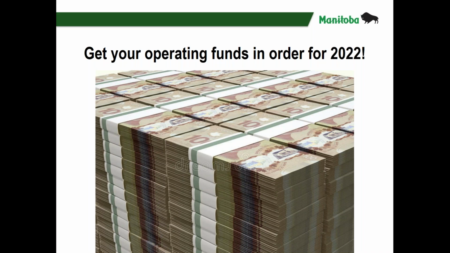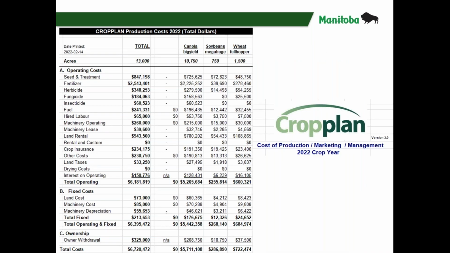And if you did your costs of production at today's fertilizer prices, you would know how many acres of canola that $2.25 million would do, and it is 10,750 acres of canola at our revised COP fertilizer cost of $209 an acre for fertilizer costs on canola.